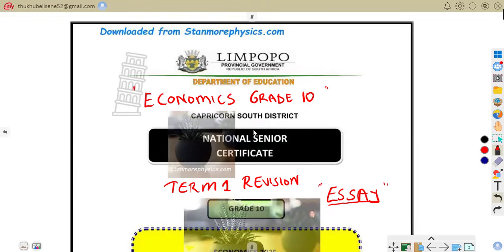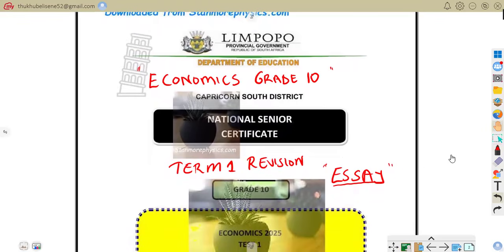I'm back again now with the essay questions, which are still in relation to Economics Grade 10, for the paper that was written in Limpopo Province in March 2025.